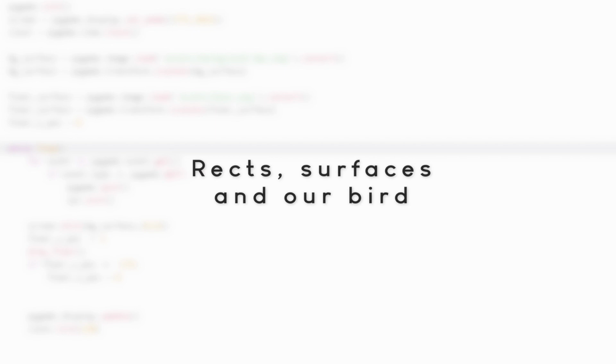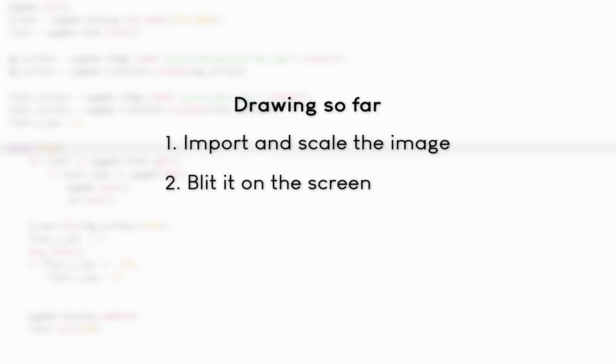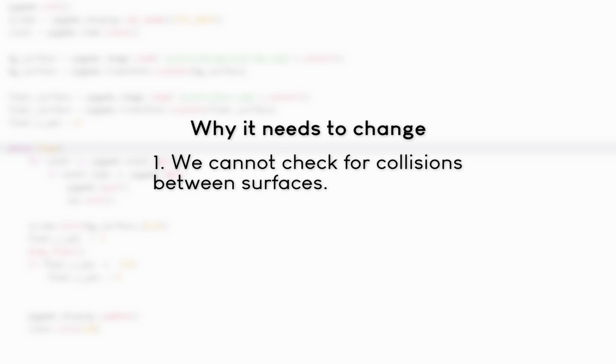And now that we have a background, let's start talking about our bird. And we are going to import the bird in just the same way as we imported the background and the floor. However, when we put the bird on the screen, we are going to need a different process, although it's not too different. But there are a couple of reasons why we need to change the process a little bit. Number 1 is that for our bird, we want to check collisions, and surfaces by themselves cannot check for collisions.